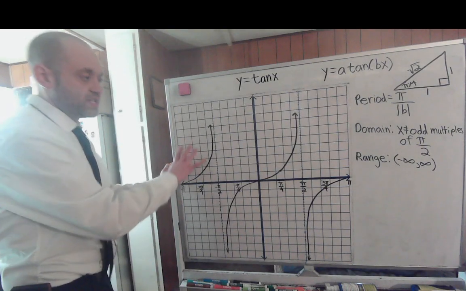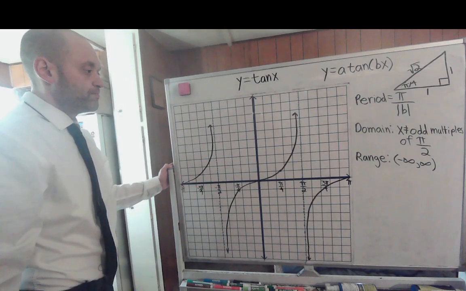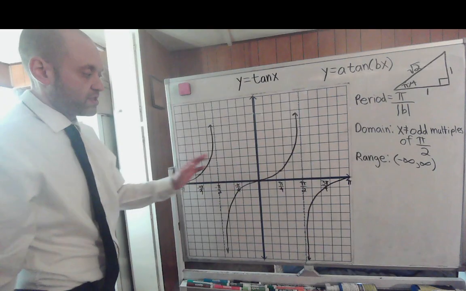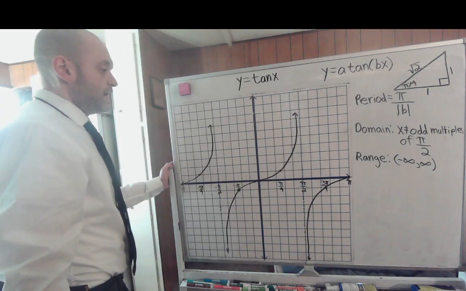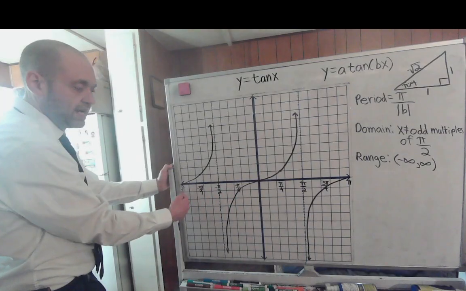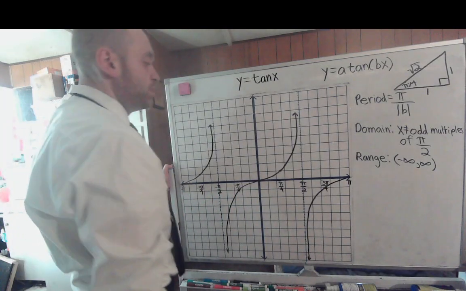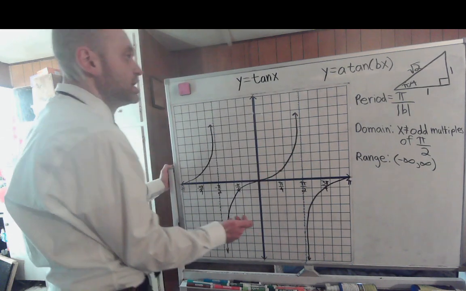But it's just going to do this to infinity and back. So we graph one period worth and then a little bit beyond that, but I have 2 full periods graphed from 0 to pi and 0 to negative pi. But this is how the graph of the tangent function behaves.